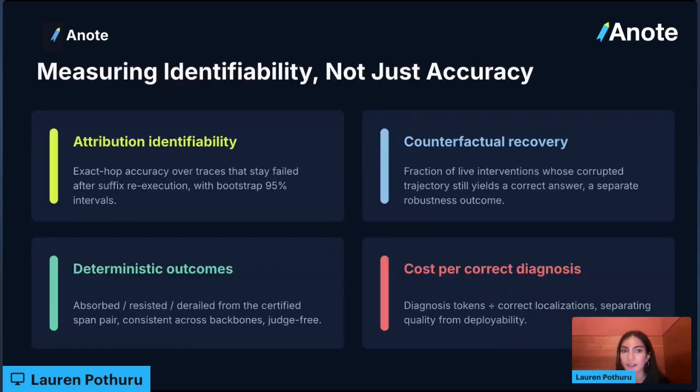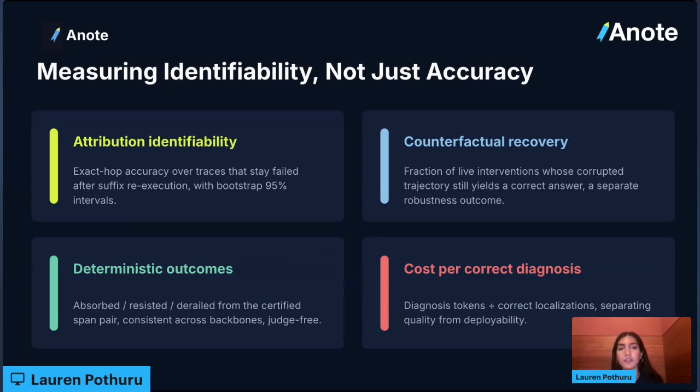So in our measurements, we measured 4 things: attribution identifiability, which is exact hop accuracy over traces that stayed failed after re-execution, bootstrapping around 95% intervals. And so this would be when we're checking the accuracy over traces that were re-executed but still produced failed outcomes.